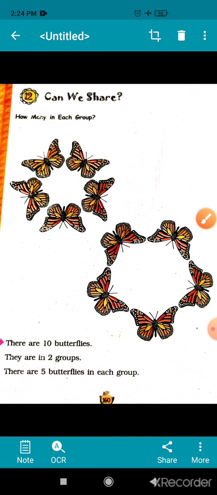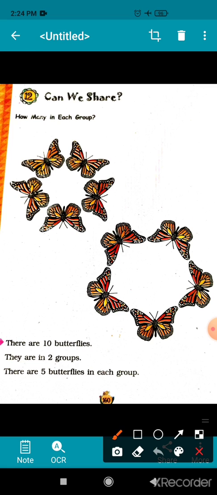Children, here you can see there are 10 butterflies and they are in 2 groups. It means you are dividing 10 butterflies into 2 groups. So we will use this division sign. This is a division sign. Now this time you will read the table of 2.